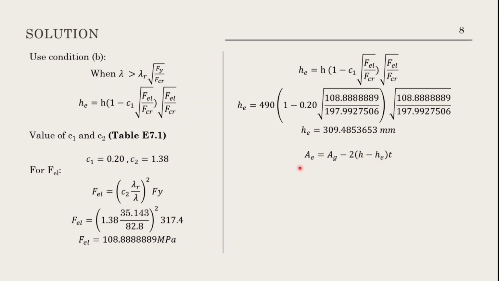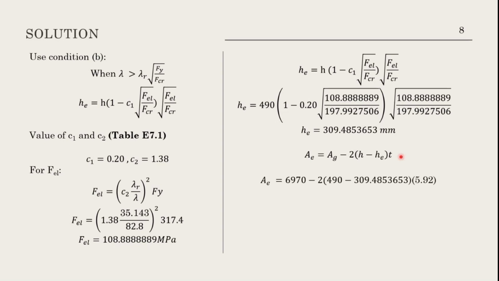Okay, so this is the formula. We don't need to subtract B minus BE times T for side B because it is not slender. Even though you do that, it will just give you a zero value because B is equal to BE because B is not slender. So we only do this.